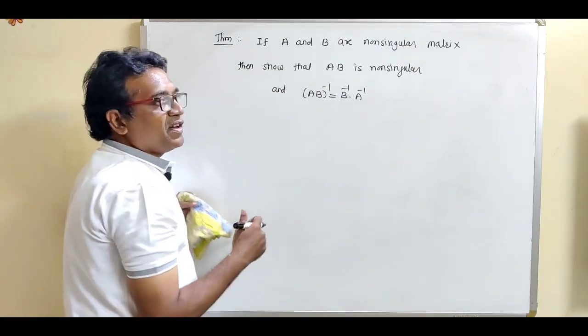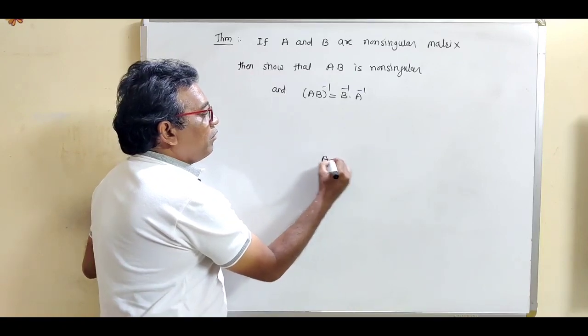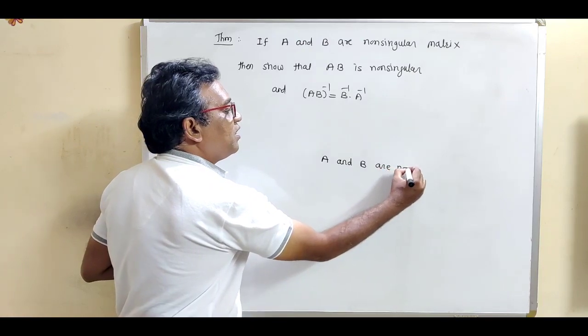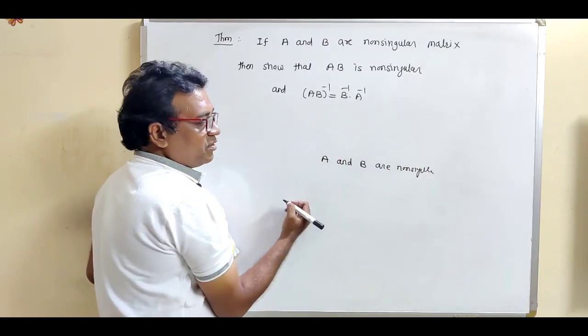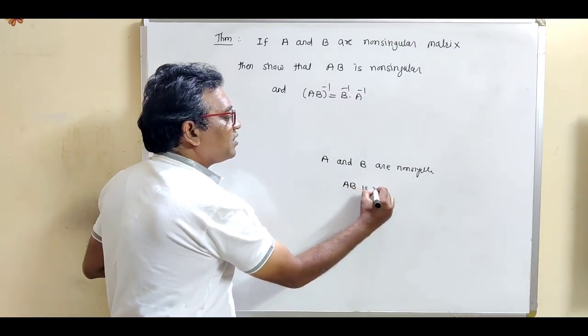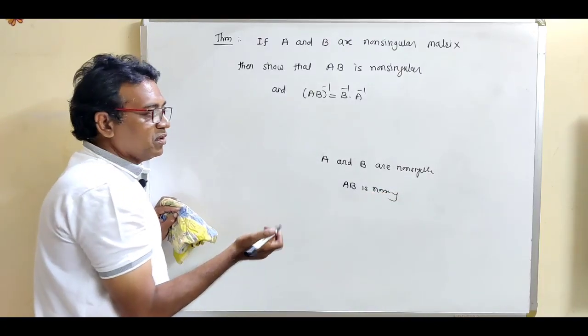Now see, what is the first theorem? What is given? We are given that A and B are non-singular matrices. Use this condition and prove that this product AB is again a non-singular matrix. What we want to show?